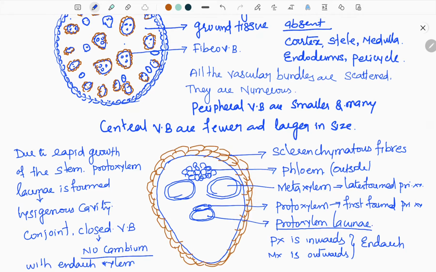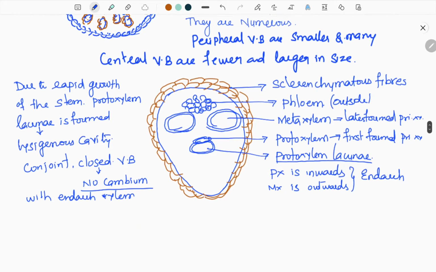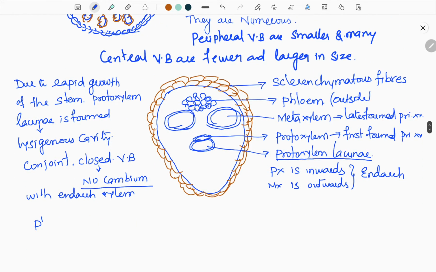And phloem parenchyma is also absent in the monocot stem. Phloem fibers are part of the secondary phloem. As there is no secondary growth, there is no secondary phloem in the monocot stem.